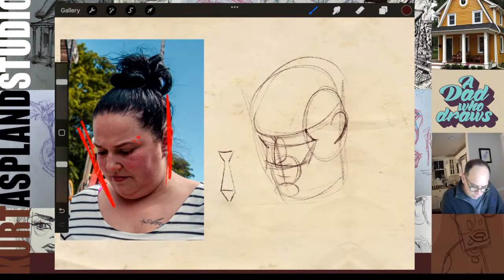So up here, I'm going to come down, and I'm going to come out. Then her eyeballs are going to be somewhere around here about.